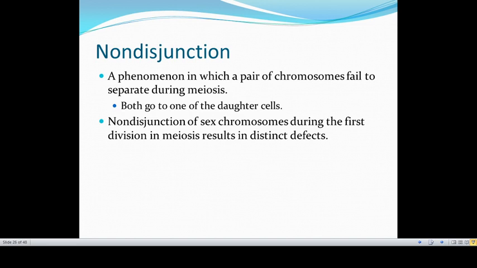Nondisjunction. By definition, nondisjunction is a phenomenon in which a pair of chromosomes fail to separate during meiosis, and therefore both go to one of the daughter cells.